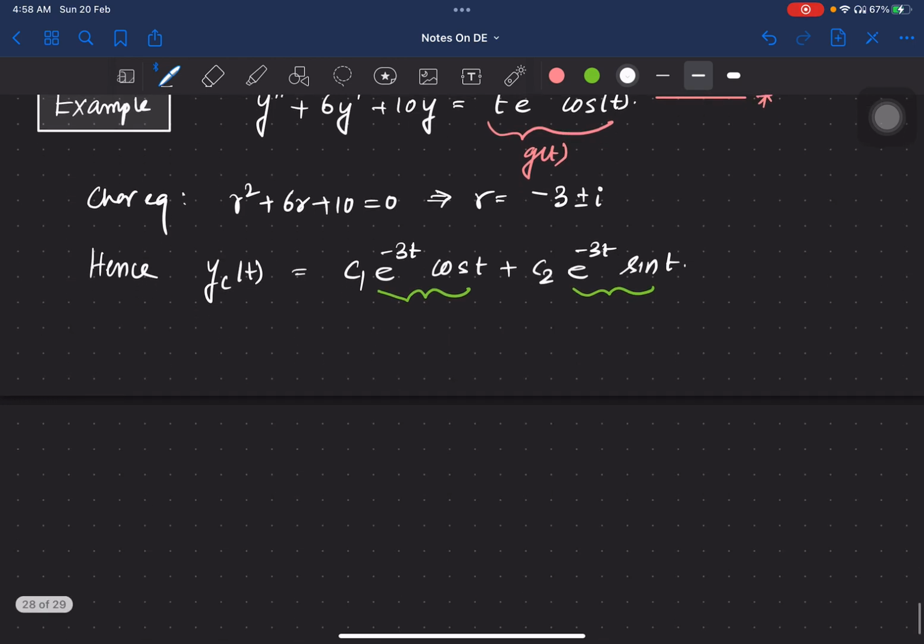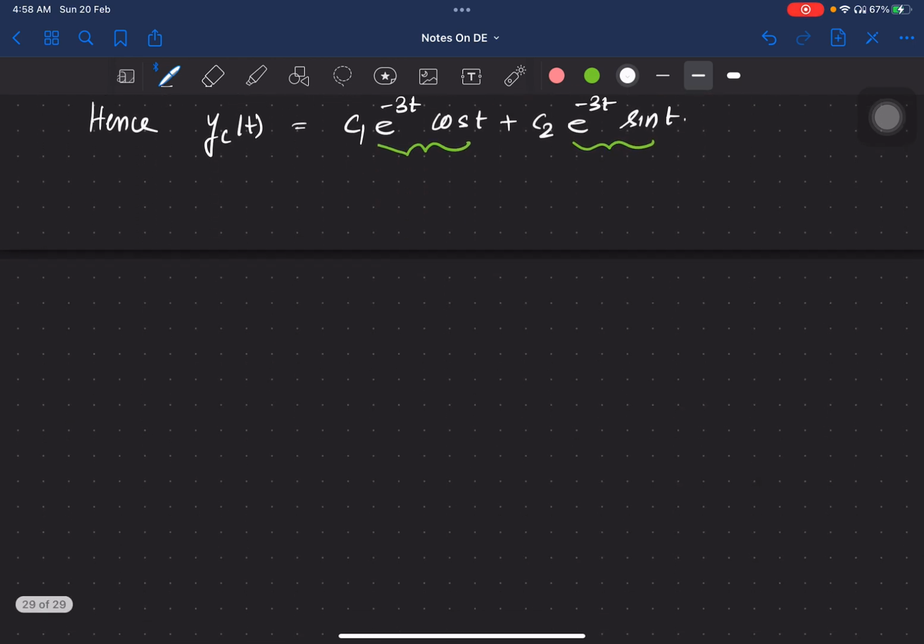So let us see how the trial solution looks like. So g of t was t e power minus 3t cos t, right? Now we have to do it for each part individually. So for this t part we will have a t plus b, suppose, fine.